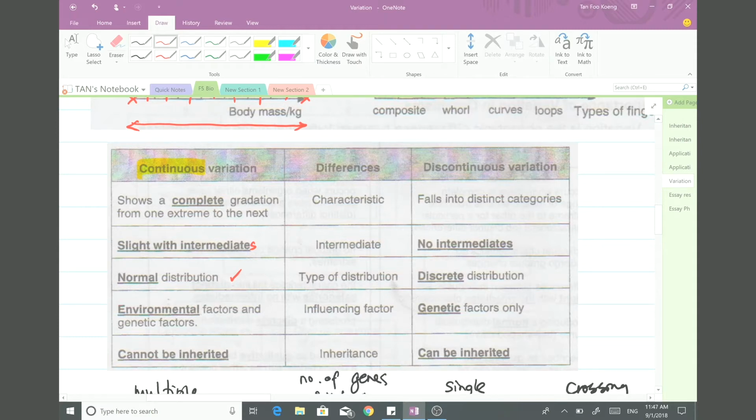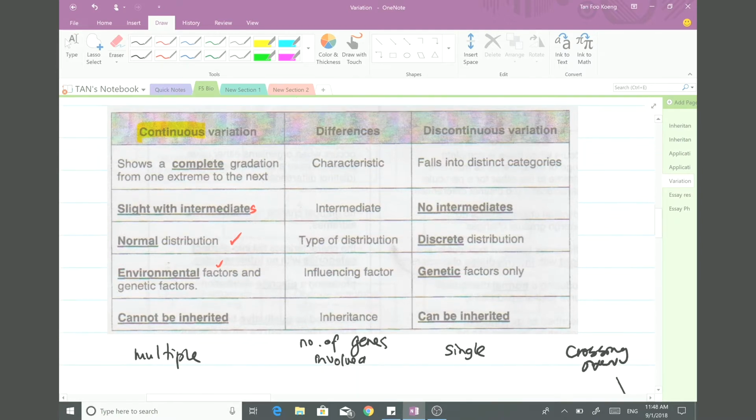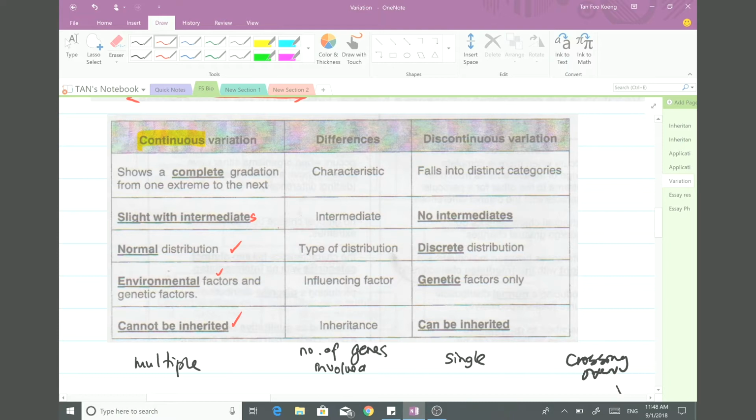However, it could also be influenced by environmental factors. Taking body mass, for example, if you eat more, if you have more sources of food, then most likely you will gain weight. If you are given the right exposure, the right education, maybe you could be more intelligent than other people. So this type of variation cannot be inherited.